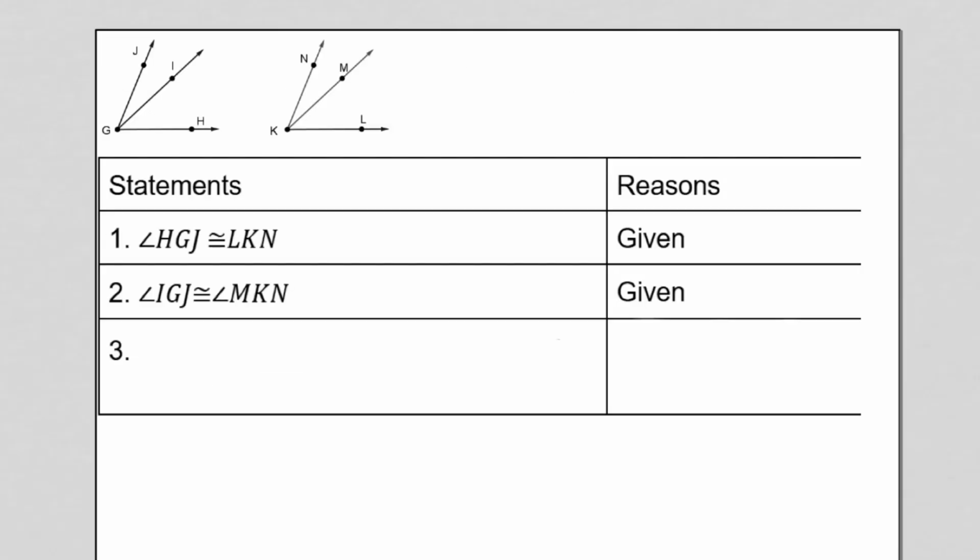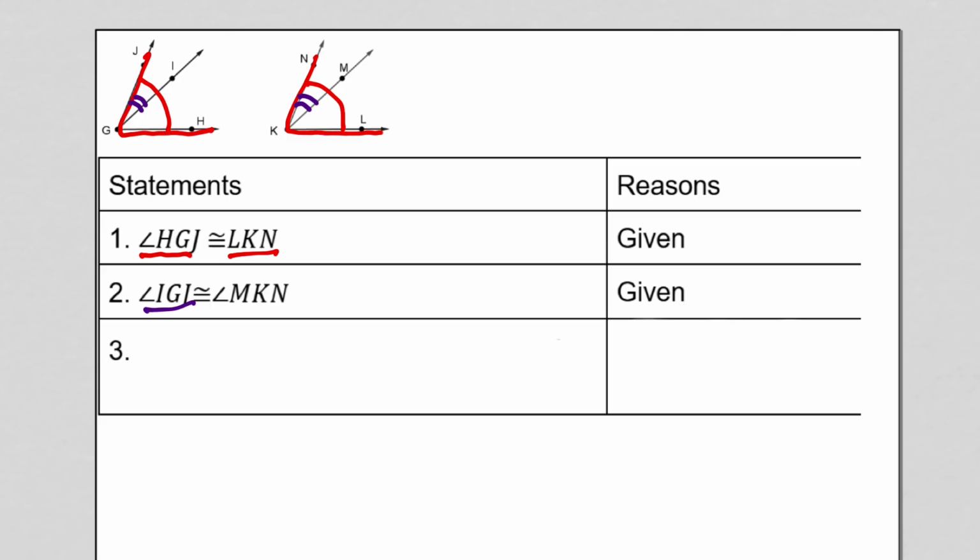Now, this fourth question looks a lot like the second one, except the given is that the full HGJ, this full angle, is congruent to LKN, which is the full angle. And also IGJ, which is this little piece, is congruent to MKN, which is this piece.